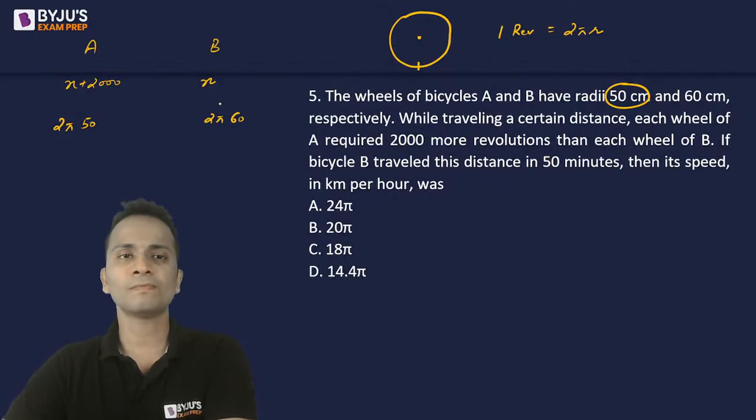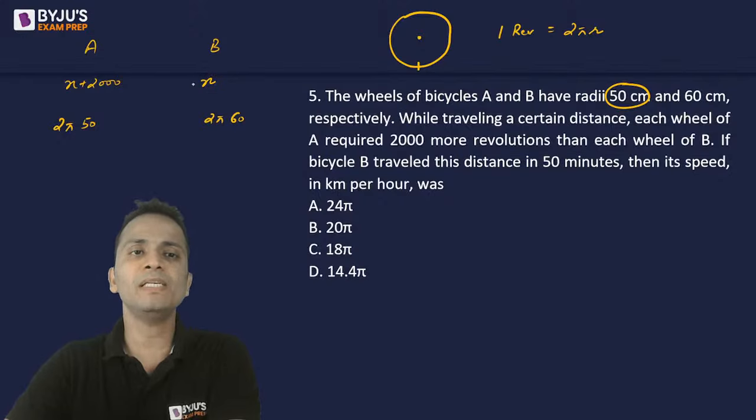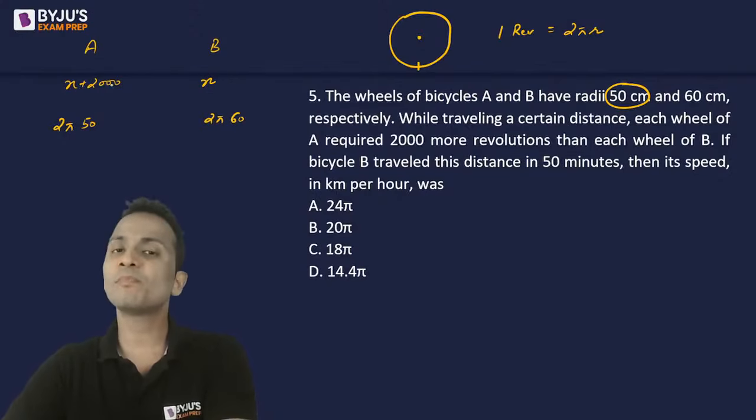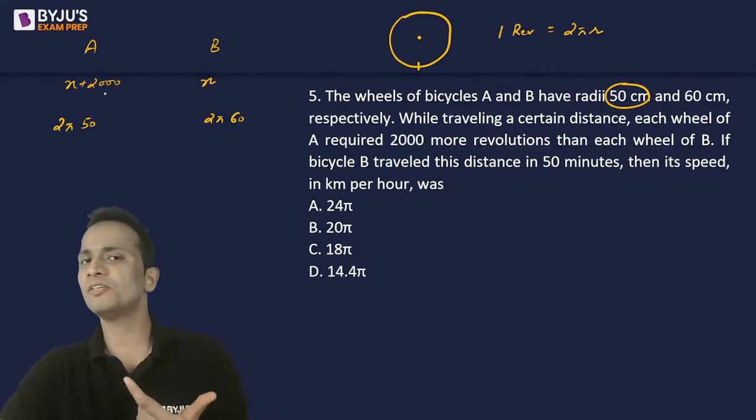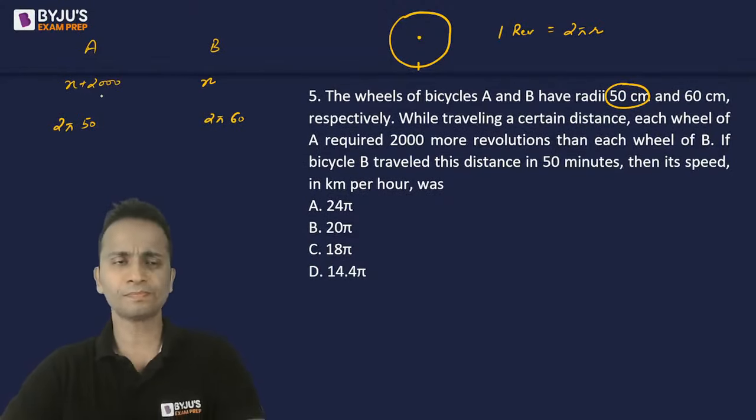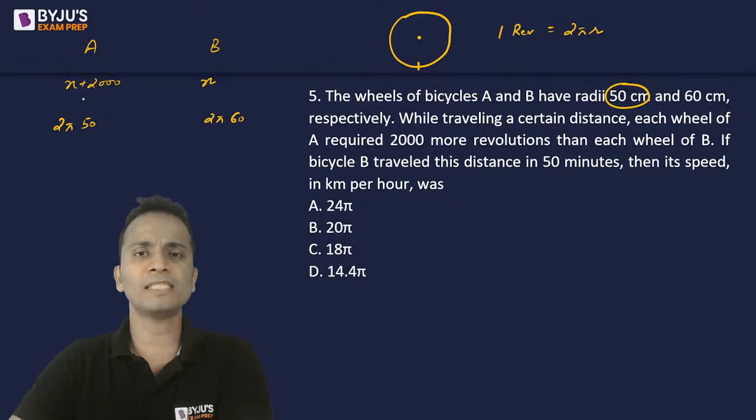Right. Now the total revolutions covered by bicycle B is x, and that of the wheel of bicycle A is x plus 2000 to cover a certain distance. So the distance covered by the wheel of bicycle A is 2 pi 50 multiplied by x plus 2000.